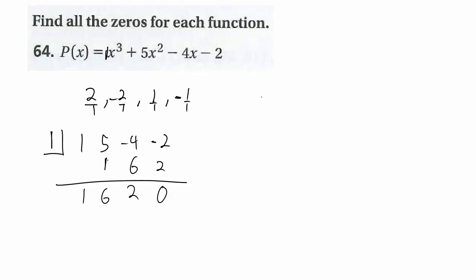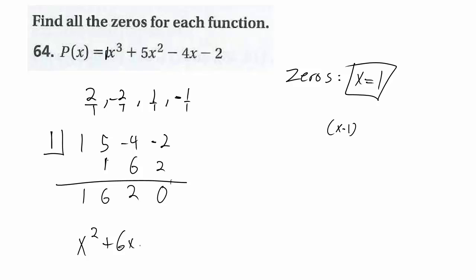Now, what that means is that 1 is a root, so if I list out my zeros, one of my zeros is x equals 1. And if you're looking at the linear factor version of that, you'd be factoring out x minus 1. But what's interesting is that now, since I divided by that polynomial, I get x squared plus 6x plus 2. And I can test to see if maybe there's some other of these numbers that are zeros.